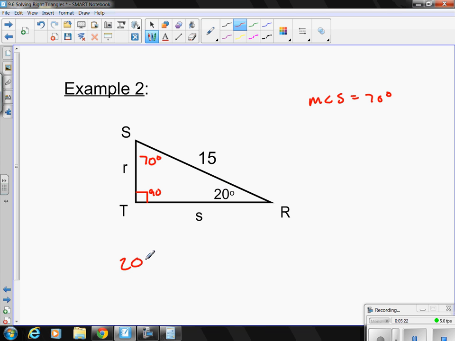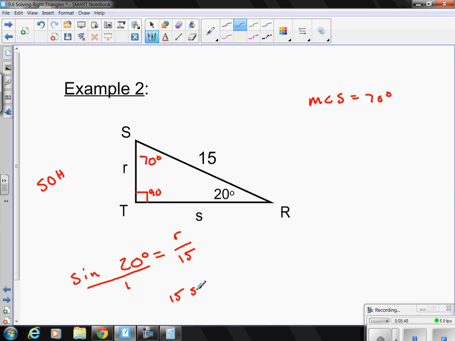That's my reference angle. If I want to find R, I need to use the hypotenuse. So opposite and hypotenuse. That's the SOH, sine. The sine of 20 equals my opposite side, R, over my hypotenuse, 15. To find R, I can cross multiply and divide.